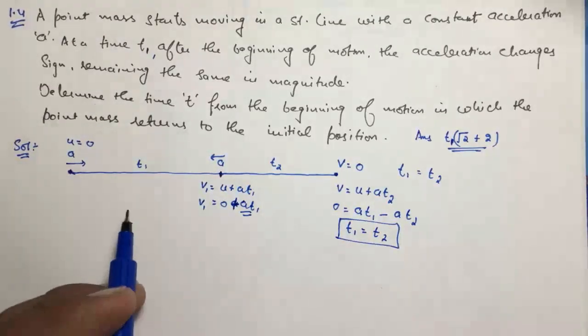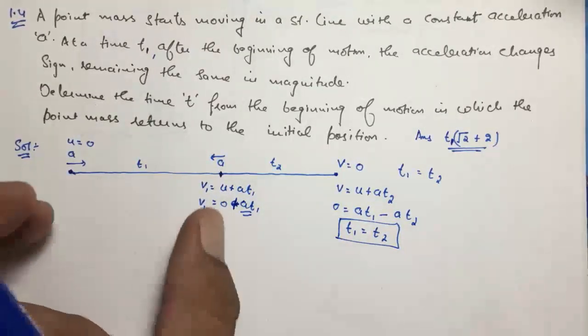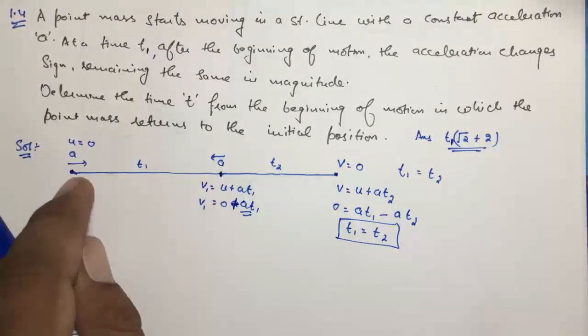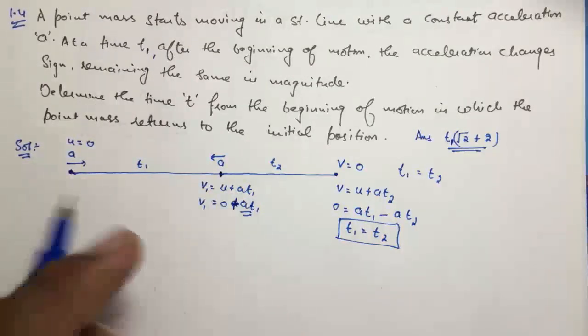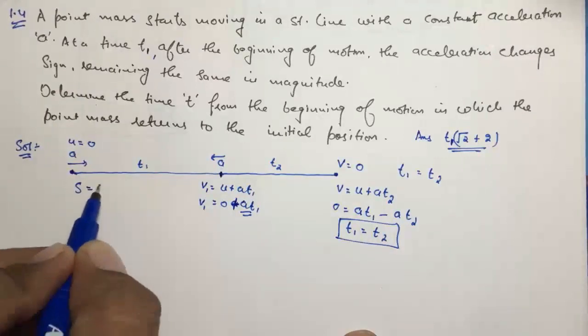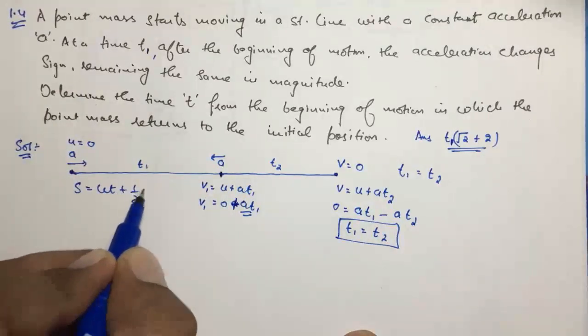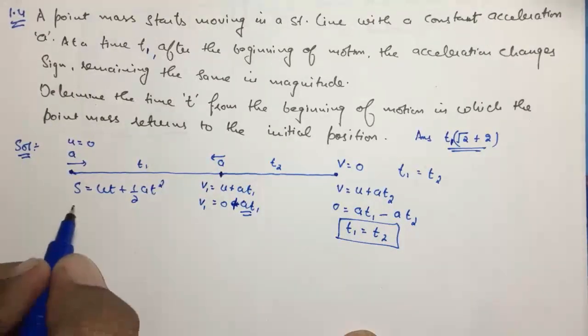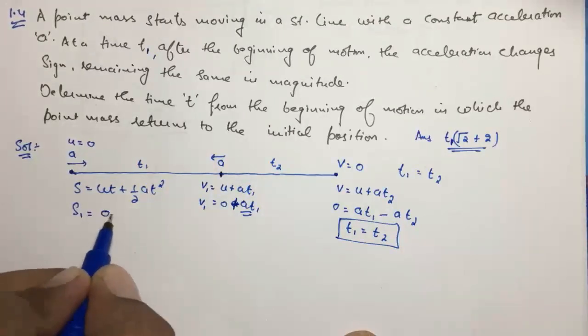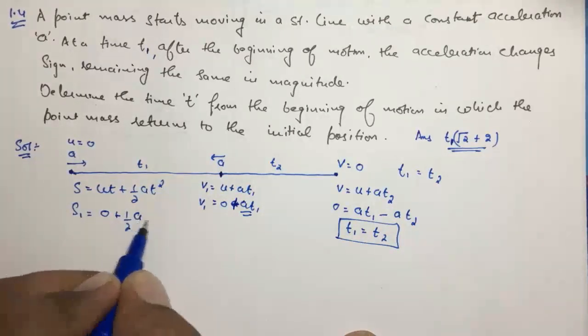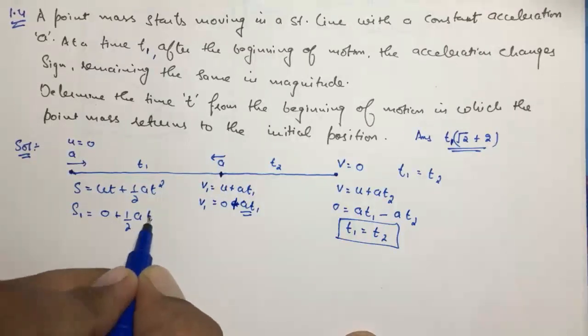Now let's solve for the distance traveled by this point mass in this time t1. s is equal to ut plus half a t square will be the distance traveled. So let's say s1 is initial velocity 0 plus half a, and t is t1, so t1 square.